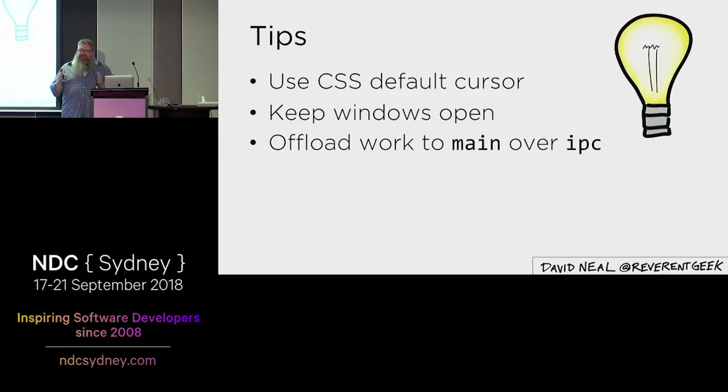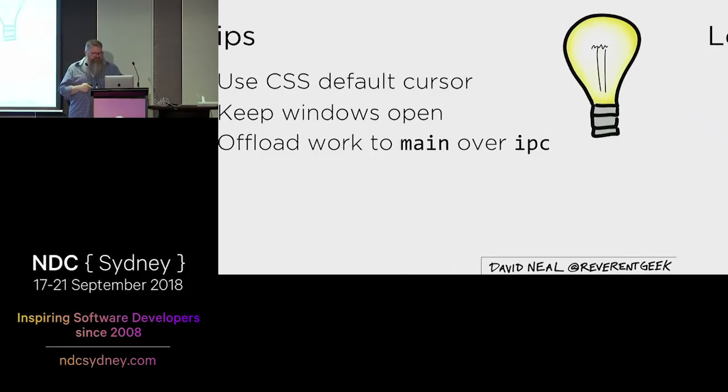And that way, from the user's perspective, the UI remains really responsive. They can do whatever they want, and then in the background, you are doing that kind of heavy lifting. The processing, building reports, building files, all those kinds of things can be done in the background on the main process.